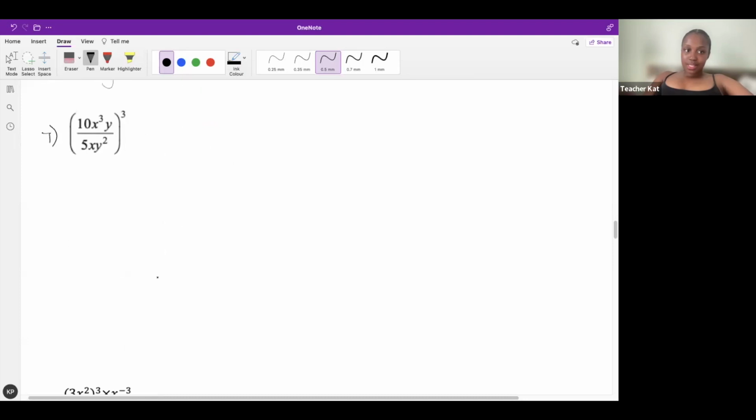Right, where does BEDMAS say we have to start? Brackets. Now, if we look inside these brackets, is there something I can simplify inside my bracket? Before I even deal with this exponent that's outside, do you see anything inside the brackets that I can simplify?